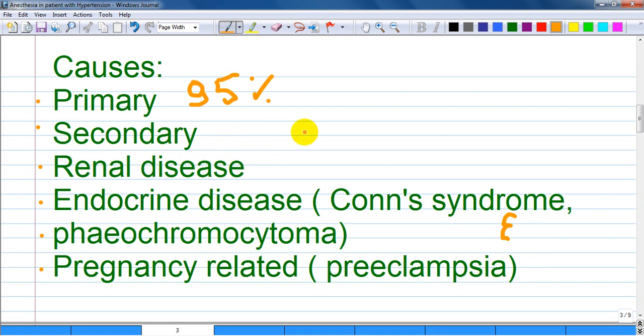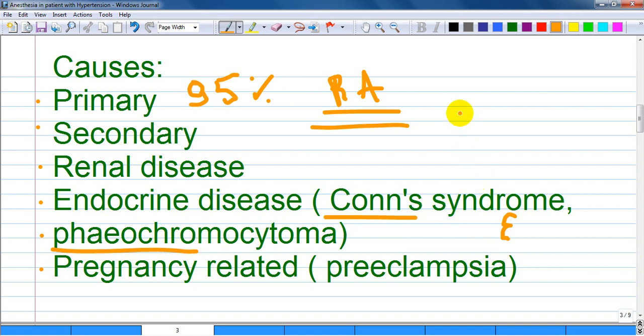The first one is renal disease. Any renal disease, especially renal artery stenosis from different causes, or a glomerular disease like glomerulonephritis, as well increases blood pressure. How about the endocrine system, where we have many examples like Conn syndrome or pheochromocytoma.